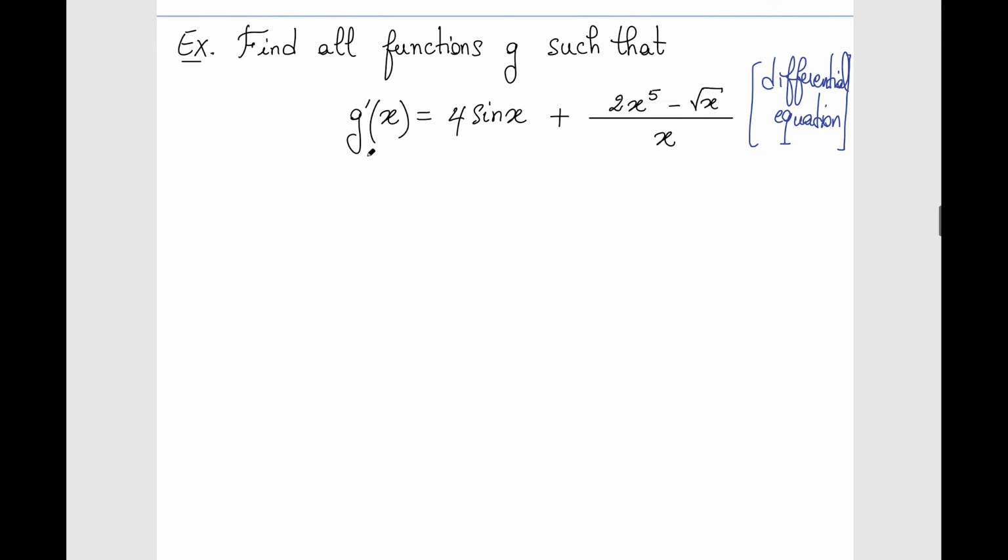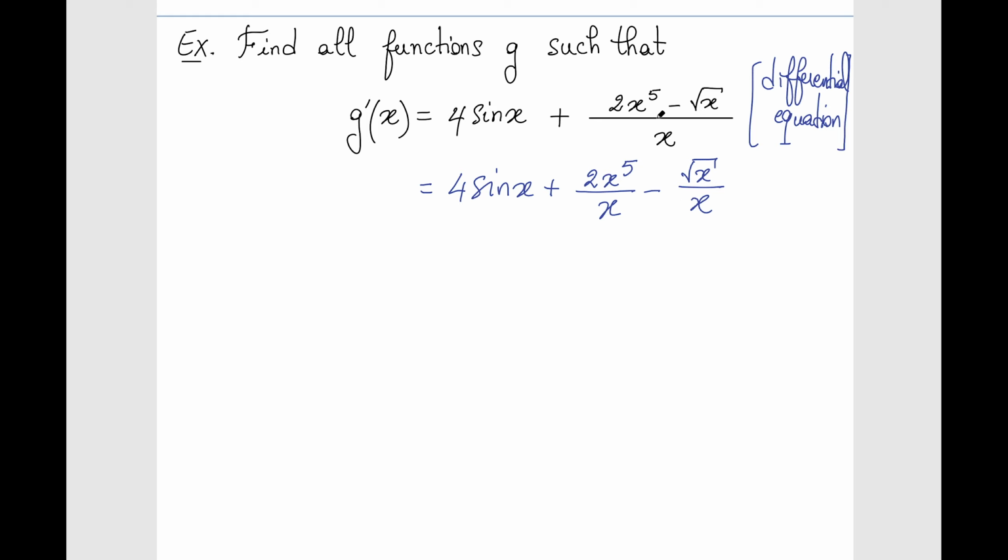All right, how about we rewrite this in a slightly different form so we set the stage to integrate. This is the same as 4 sine x plus 2x^5 divided by x minus square root of x divided by x. Imagine you want to go back: you just have the same denominator and you glue them together.